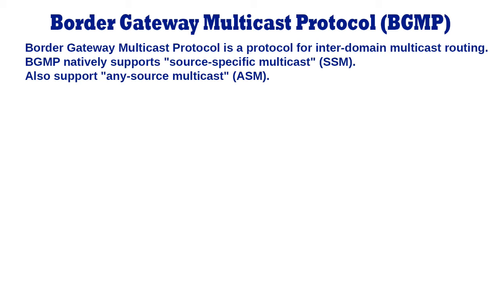To also support any source multicast, that is ASM, BGMP requires that each multicast group be associated with a single root. In BGMP, this is referred to as the root domain. It requires that different ranges of the multicast address space are associated with different domains.